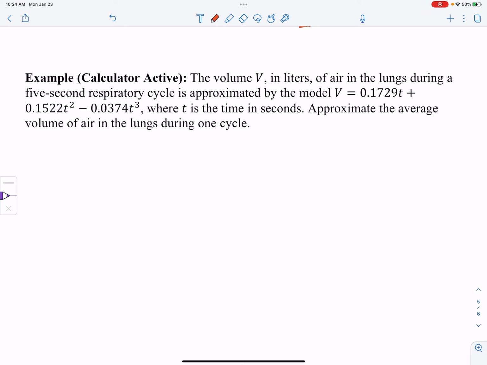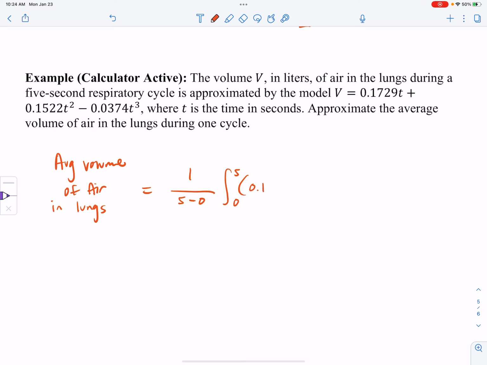So the average value, which would be the average volume of air in the lungs, would be equal to 1 over 5 minus 0, or just 1 over 5, times the integral from 0 to 5 of V of t, I'll write down the rule here.